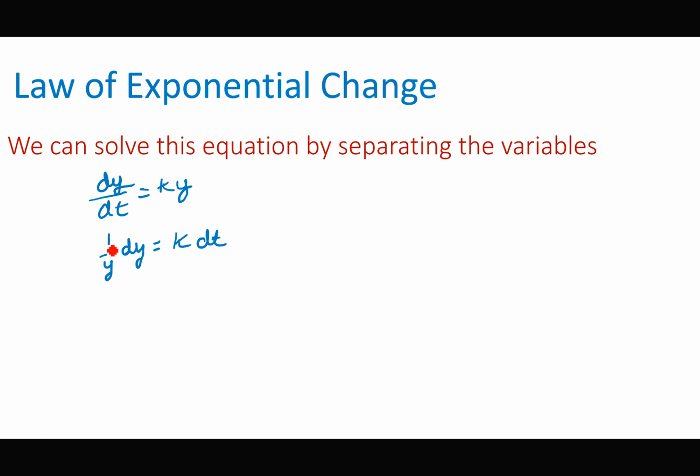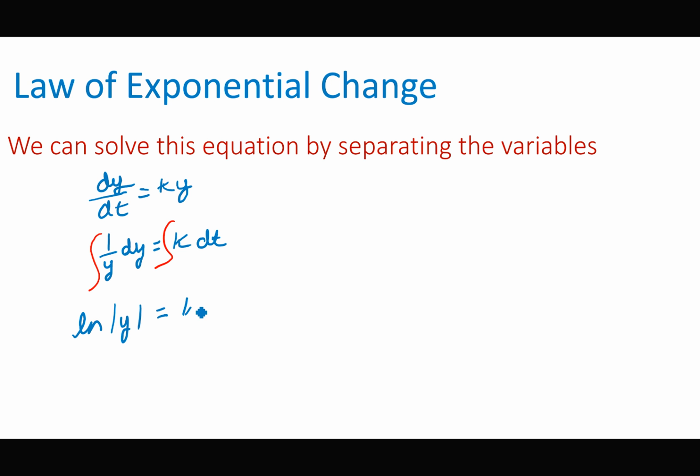If I were to integrate both sides, as we practiced already, the antiderivative of 1 over y is natural log, and we'll leave it as absolute value of y, because you can't take the natural log of a negative number. What's the antiderivative of a constant with respect to t?